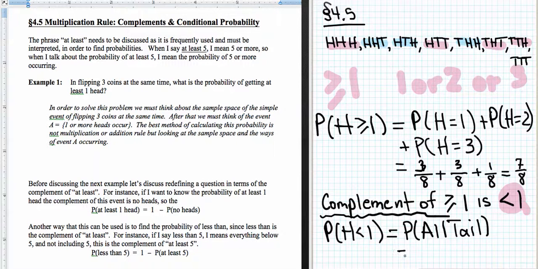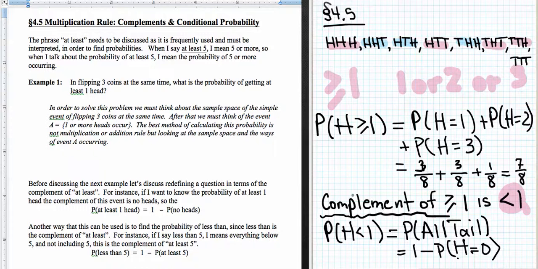That in and of itself is 1 minus the probability that the random variable, sorry, let me change that back to H as we were talking about, the probability that H is equal to 0.